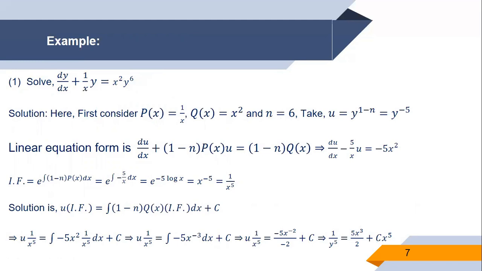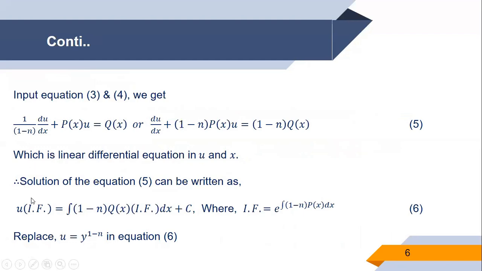So this equation is a Bernoulli equation, and we convert it into a linear form. We consider u is equal to y raised to 1 minus n, so y raised to minus 5 because n is 6. So u is nothing but y raised to minus 5. Now in the previous slide we saw the linear form of the given Bernoulli equation.